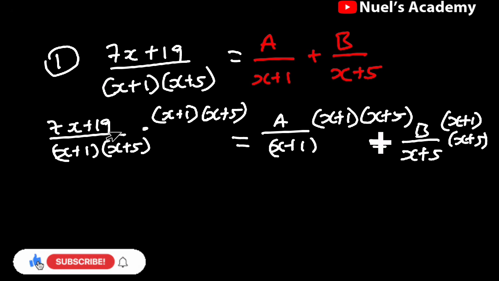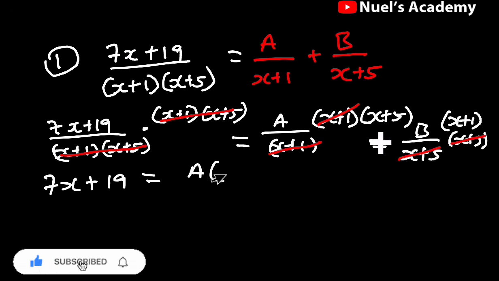On the left hand side, this and this will cancel. On the right hand side, x + 1 and x + 1 will cancel, x + 5 and x + 5 will cancel. We'll be left with 7x + 19 is equal to A multiplied by (x + 5) plus B multiplied by (x + 1).